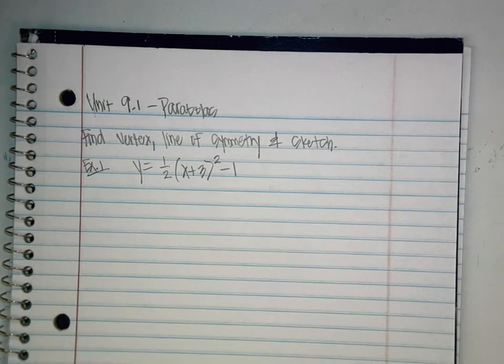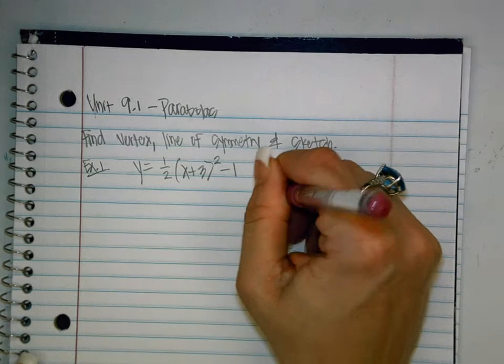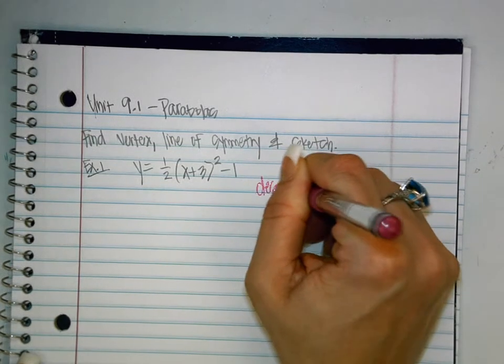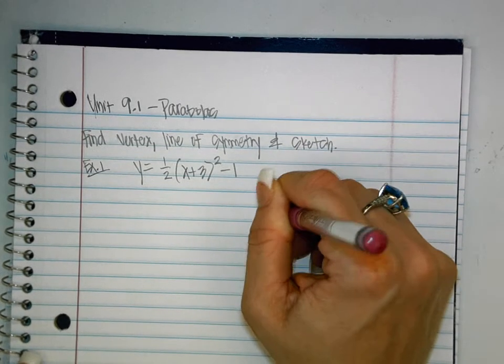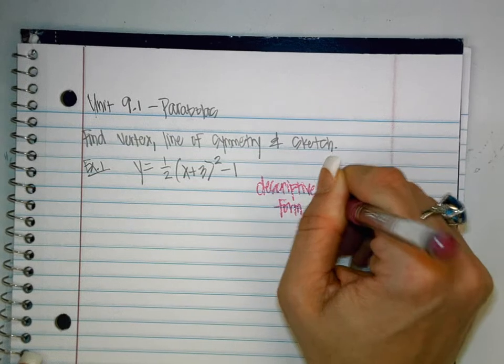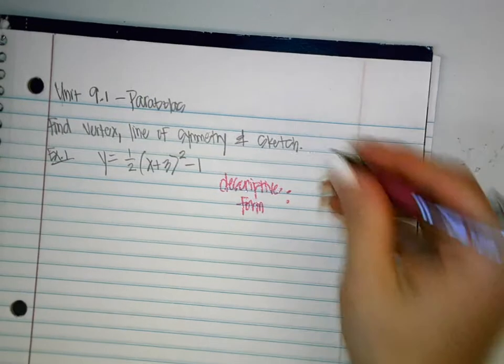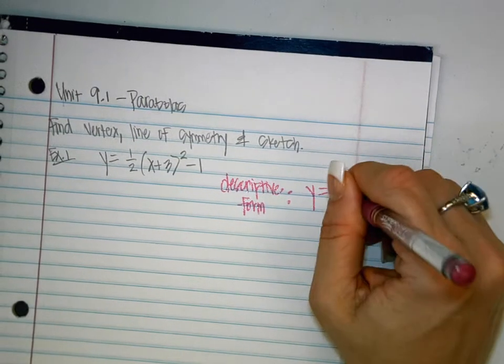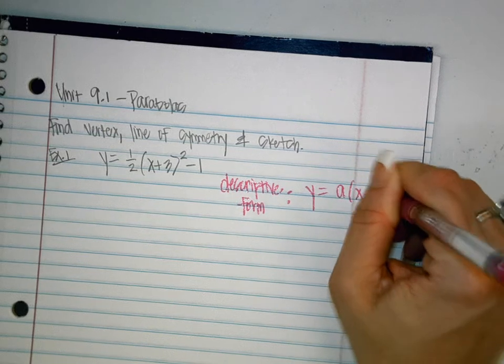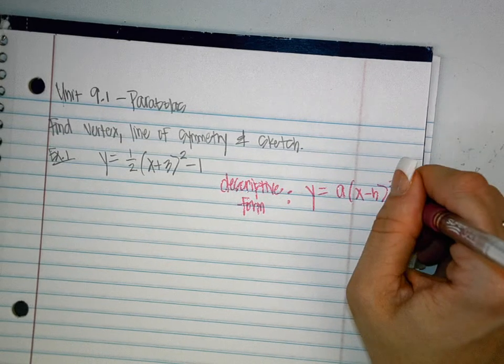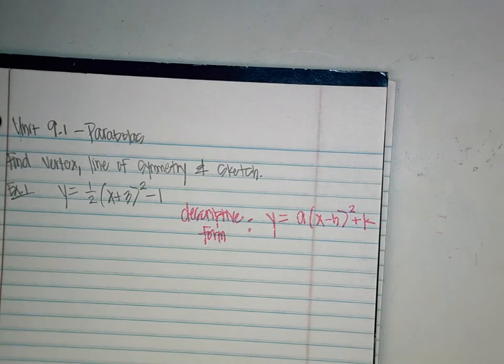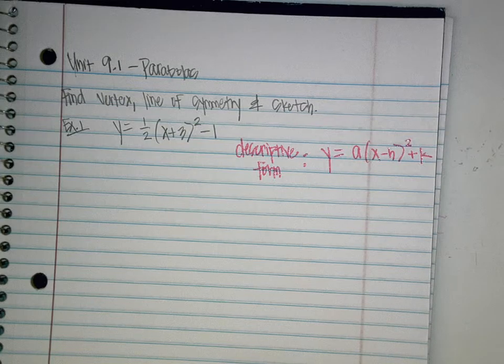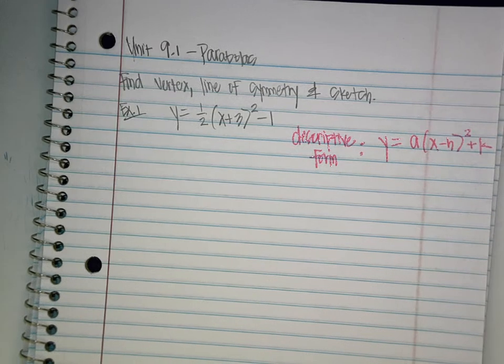Descriptive form is the way we like these because it basically tells you all of the parts and you don't have to use any formulas. So descriptive form is when we have y equals a times (x minus h) squared plus k.